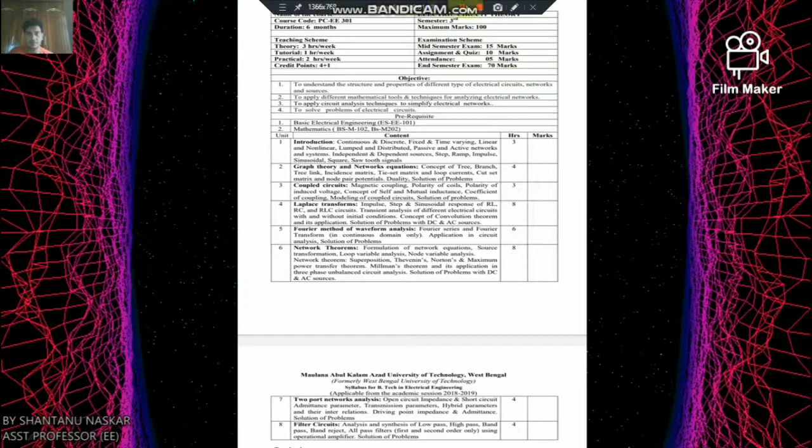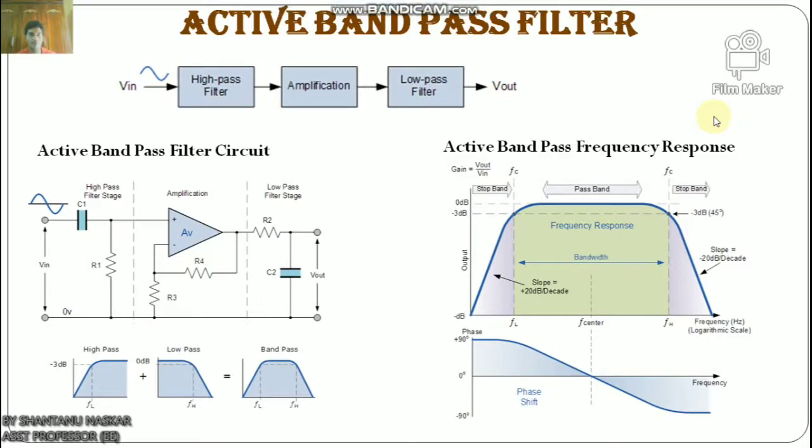So let's start. Now I will start part 4 with the active bandpass filter. The principal characteristic of a bandpass filter, or any filter for that matter, is its ability to pass frequencies relatively unattenuated over a specified band or spread of frequency called the pass band.